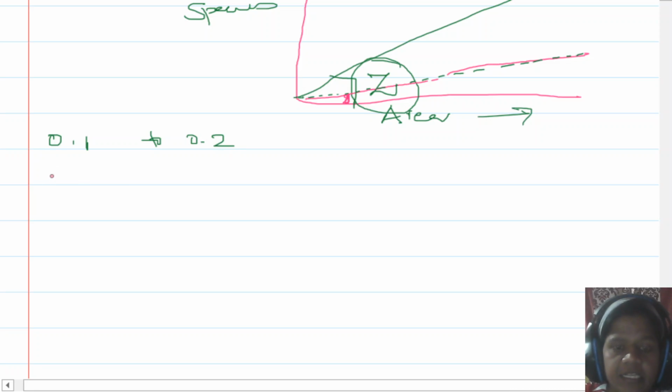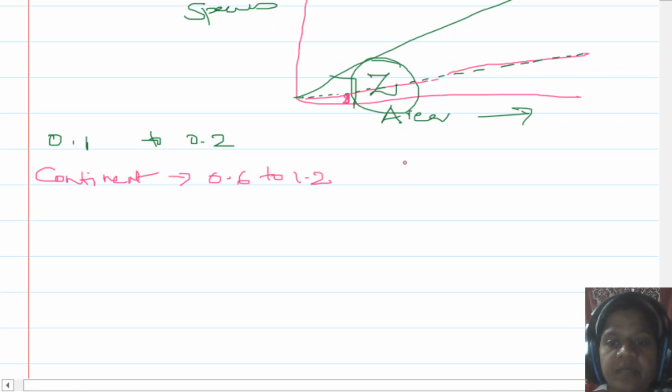But if we take a whole continent, like the whole of Asia, then the Z value we get is somewhere around 0.6 to 1.6. That means your species richness goes up significantly.